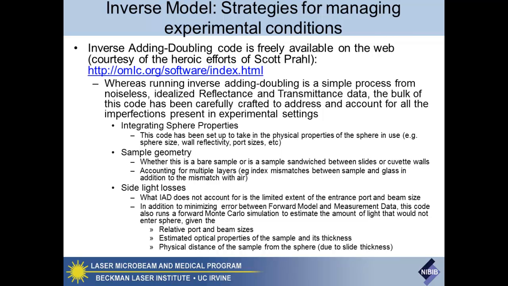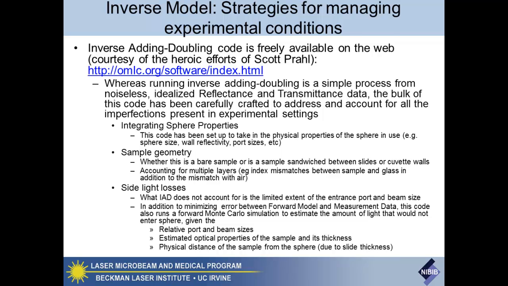Your beam itself is not a pencil beam; it's going to be a beam of physical diameter. Your sample is going to have thickness. So there are conditions where light interacts with your sample but never reaches the interior of the sphere itself. And so what Scott has set up is based on the relative port sizes, beam diameter, and thickness of your sample, and technically the optical thickness.